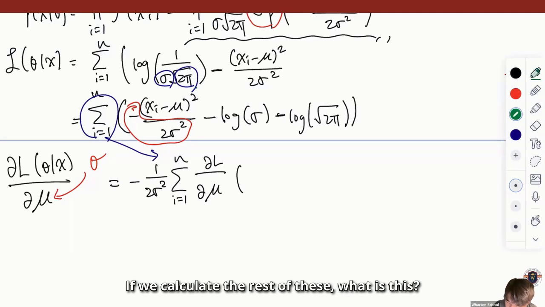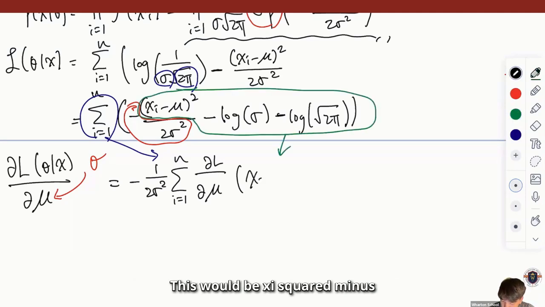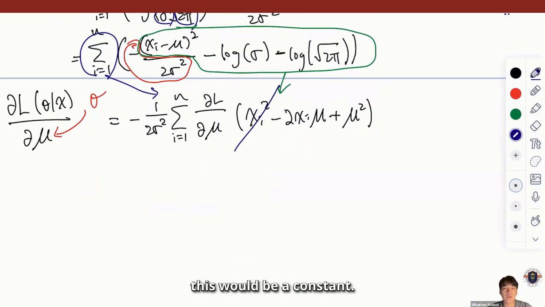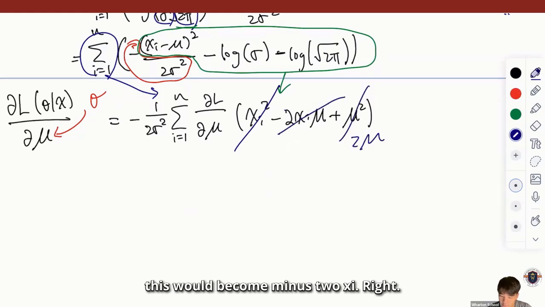If we calculate the rest of these, what is this? This would be xi squared minus 2 xi mu plus mu squared, right? So let's take a partial derivative with respect to mu. Since this doesn't contain mu, this would be a constant, so this is gone. This would become 2 mu, and this would become minus 2 xi, right?